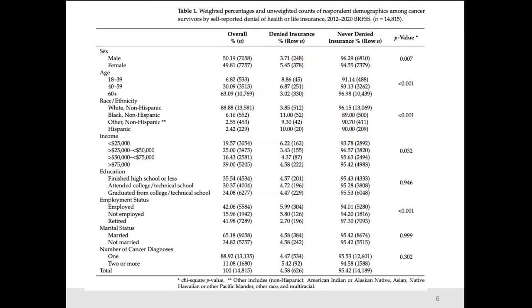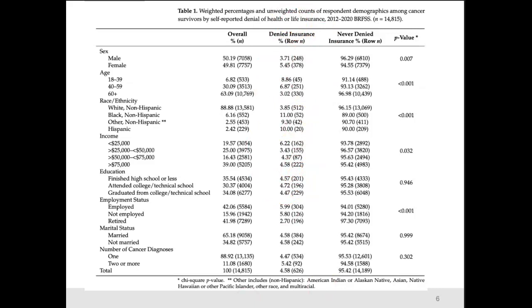Now, I set this up this way so you could see what this looks like overall for everyone in this research study, but also so you could see whether these different variables were associated with my outcome variable, to see if there were differences across the two groups in terms of being denied insurance and never being denied insurance.